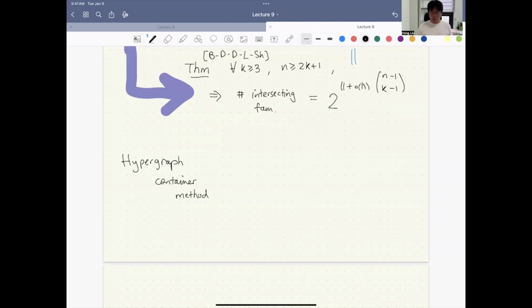And this turns out to be true, and it was developed about 13, 14 years ago, by two groups of people, Balogh, Morris, Samotij, and independently Saxton and Thomason.